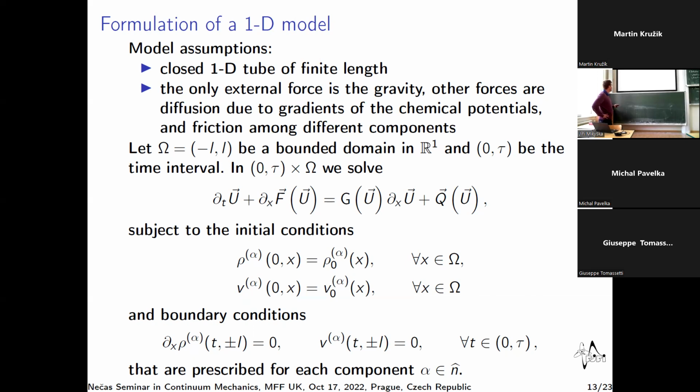As the initial condition, we specify the initial densities and initial velocities. And on the boundaries, we assume that there is no flux over the boundaries, so impermeable boundaries. This is described for each component.